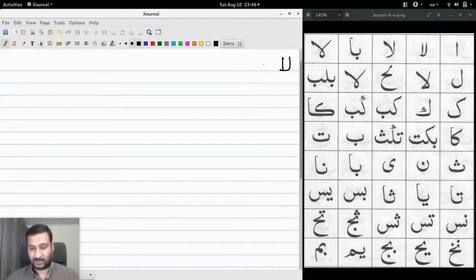What it is made up of are 2 letters, Lam and Alif. That makes up Lam Alif. Here, Lam Alif, and this is also Lam Alif.